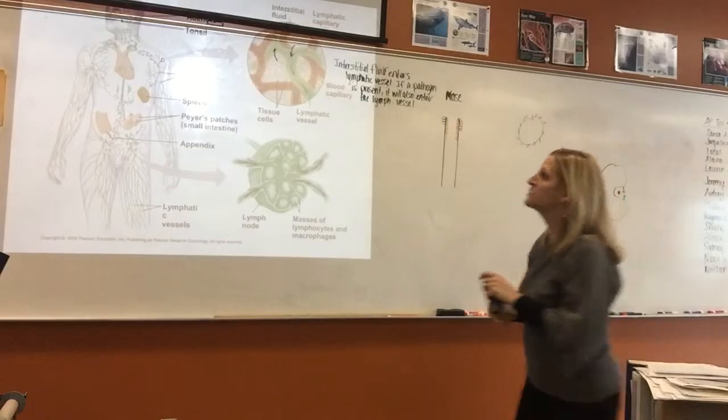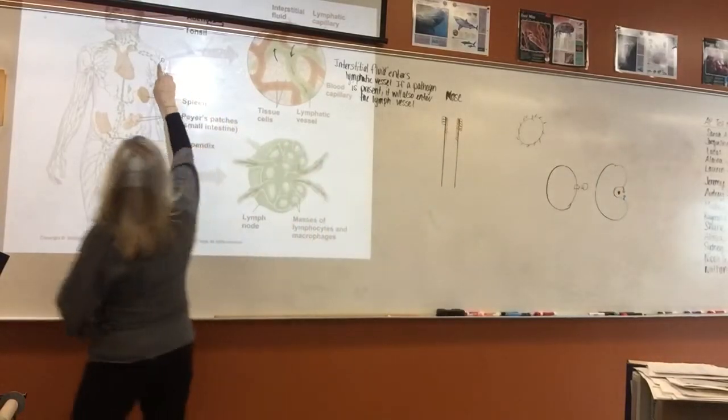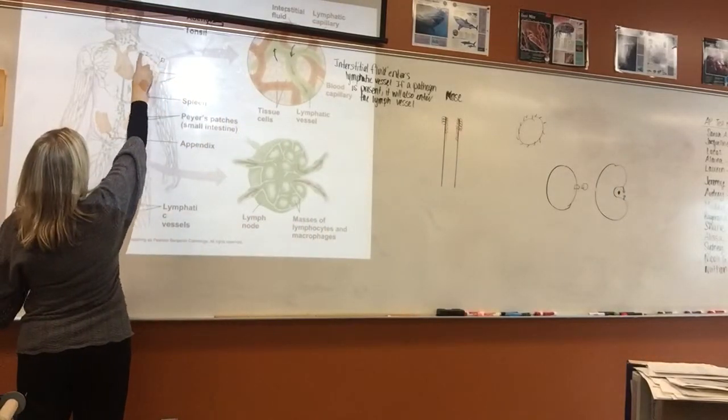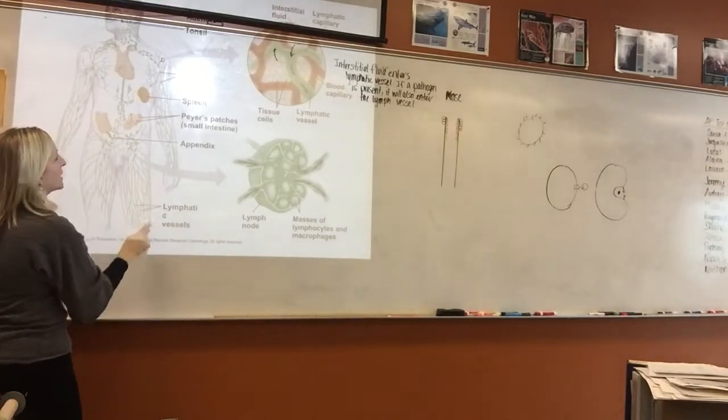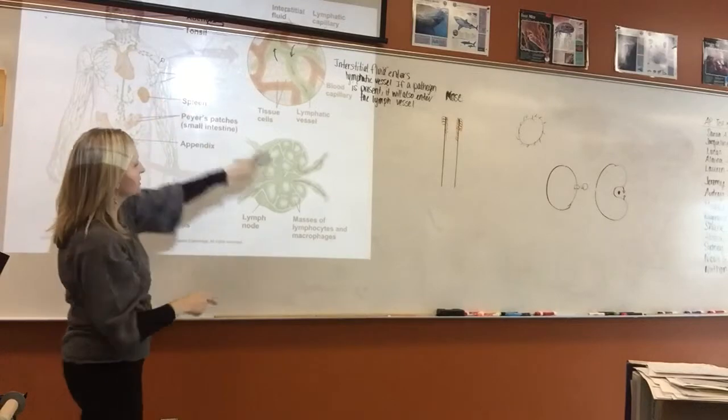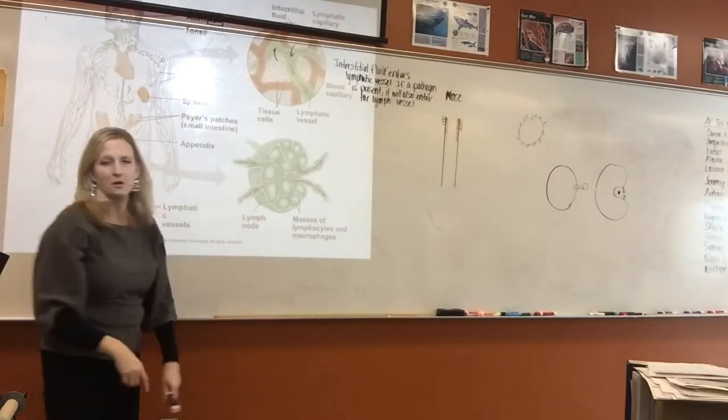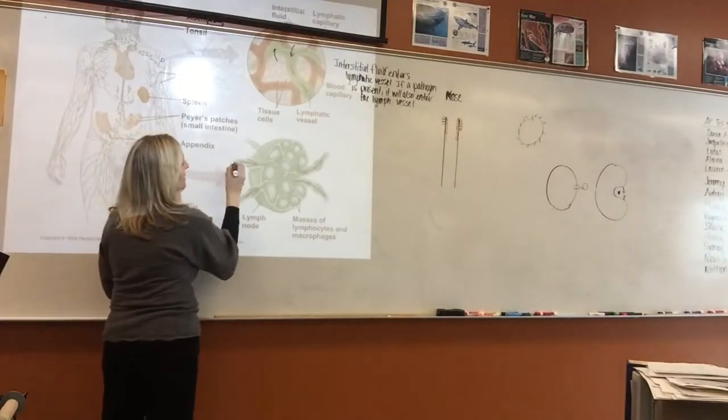And so notice as it's moving, periodically you have these little bumps here. Those are your lymph nodes. And so you have them in various spots and so on. And so these lymph nodes, let's look at this picture. This is an enlarged lymph node. So you have here arrows coming in.